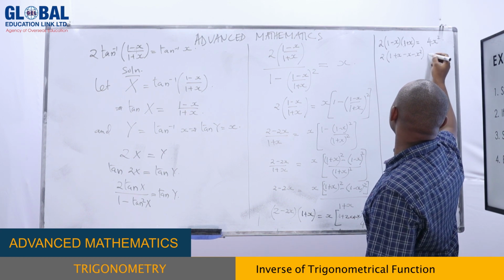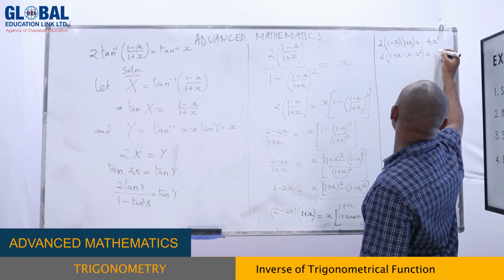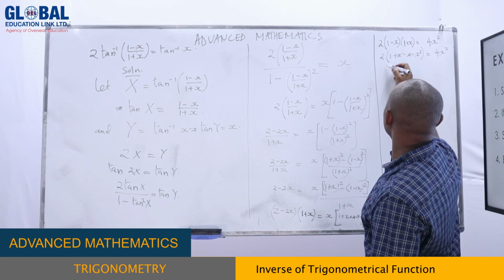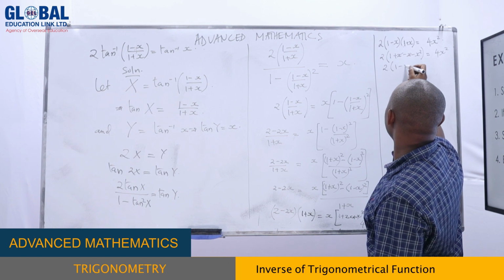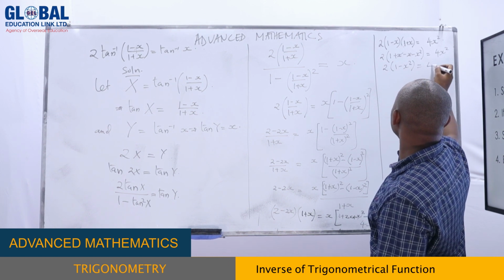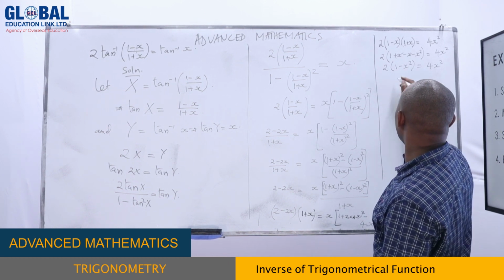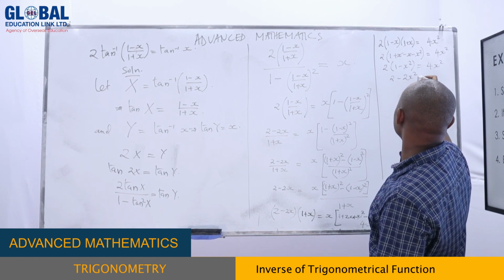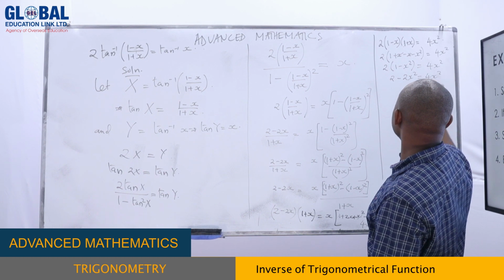That means the difference of two squares equals to 4x². This and that will go. That is to say 2(1 − x²) equals to 4x². Then there we have 2 − 2x² equals to 4x².